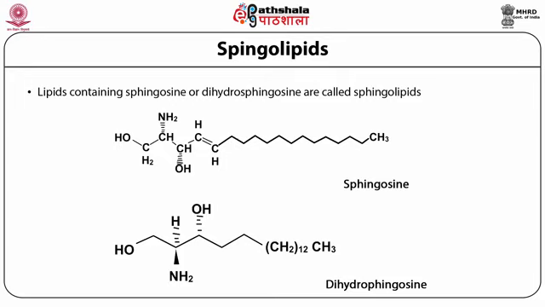The trans configuration is shown in the structure of the sphingosine, around its single double bond. In dihydrosphingosine, of course, this double bond is abolished because after hydrogenation of the sphingosine, the dihydrosphingosine is created.